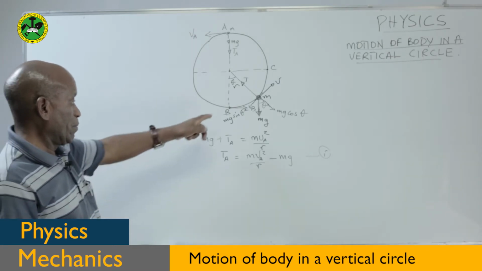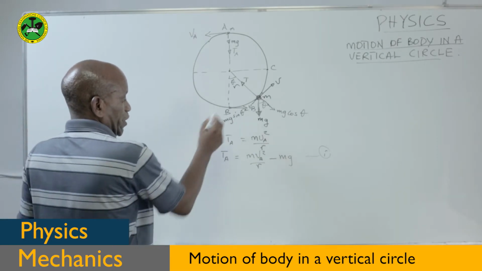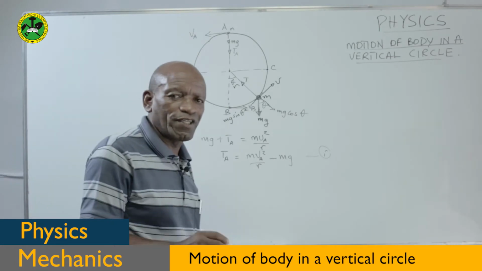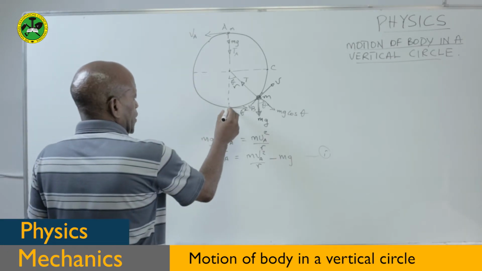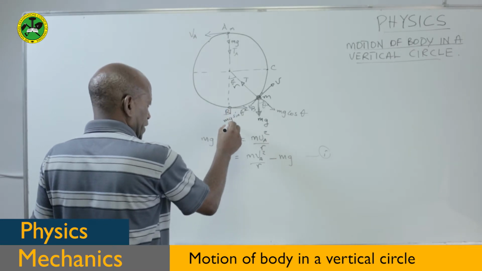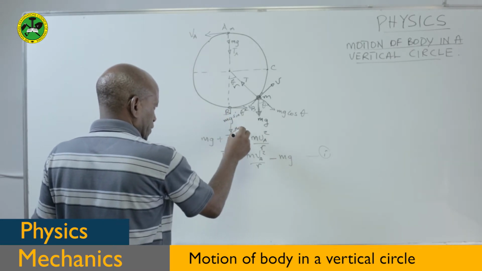And we can find the tension at point B, that is at the lowest point. Whenever a body is moving here, there will be a weight acting vertically downward, and that is mg.